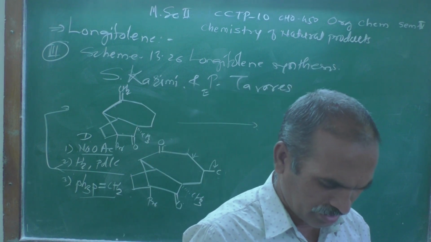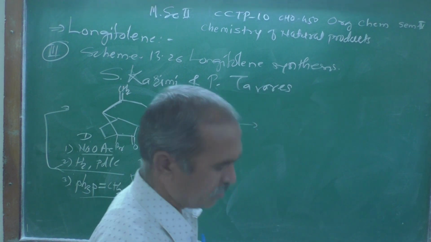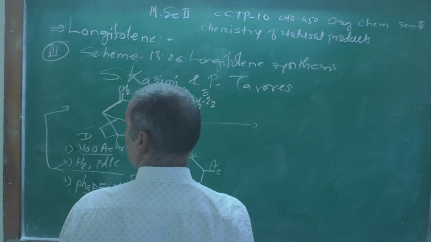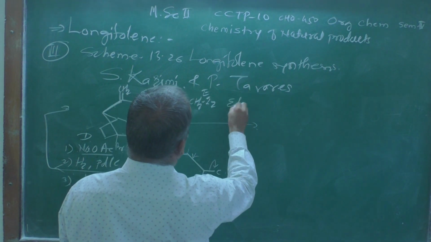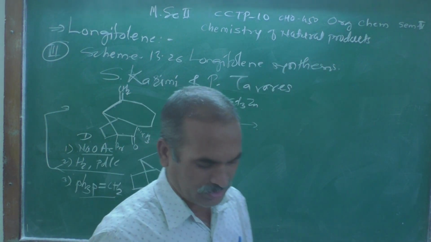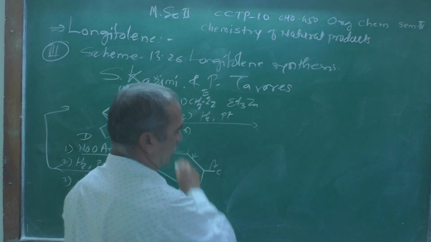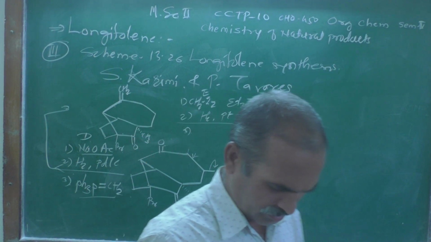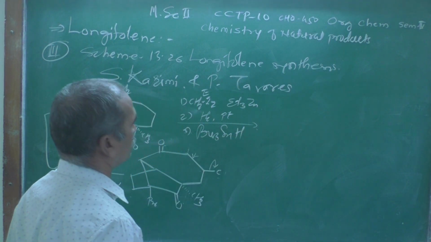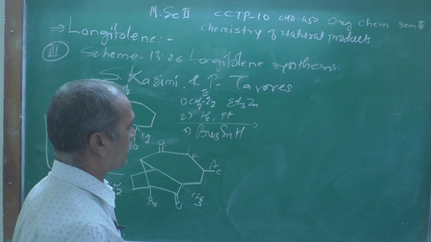The E reagents are: one is CH2I2, that is diiodomethane, with Et2Zn. Then the second E reagent will be H2 in presence of platinum, and the third reagent used is Bu3SnH, that is tributyltin hydride.